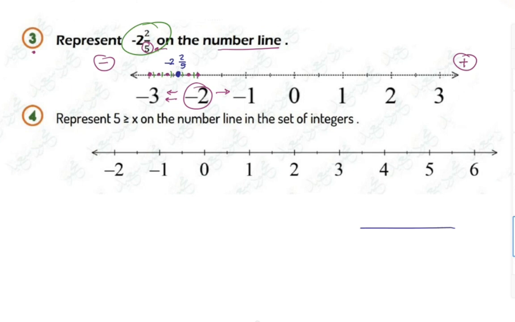Again, you have -2 and -3. I will start at -2, but how many parts here?